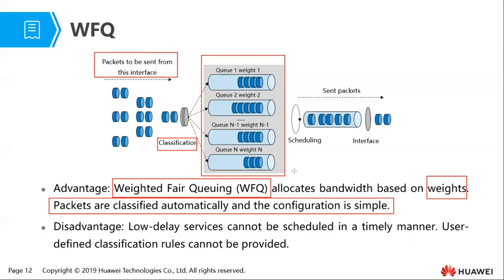Now with the weighted fair queue, the difference with weighted round robin is that this one reserves some bandwidth for each of the queues.